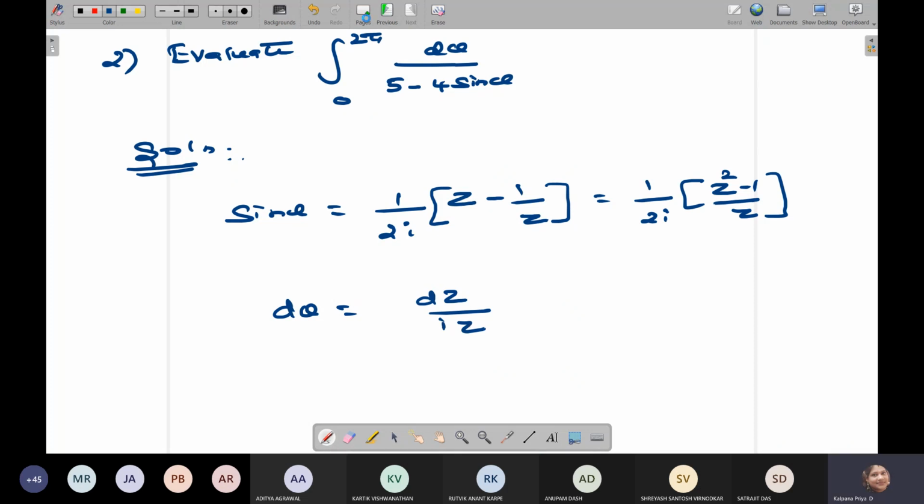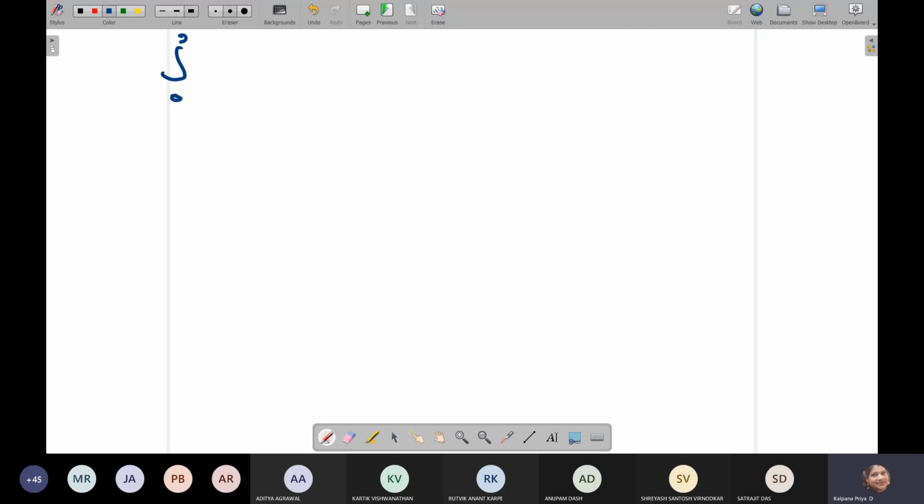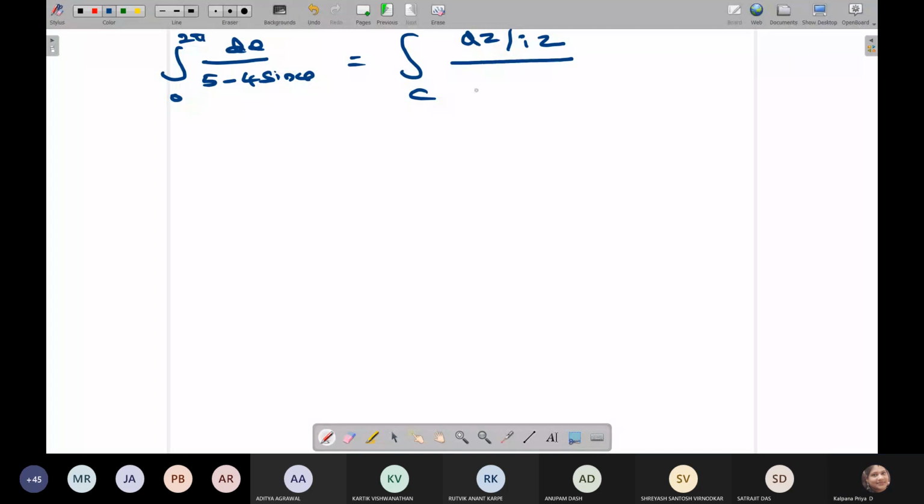Now convert the integral. Integral 0 to 2 pi d theta by 5 minus 4 sin theta is converted to integral over C dz by iz divided by 5 minus 4 times 1 by 2i into z minus 1 by z. So this and this will be getting cancelled. So we are left with only 2. Similarly, you can take that 1 by i outside.